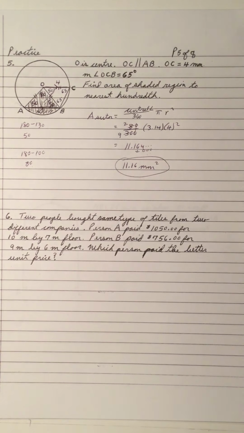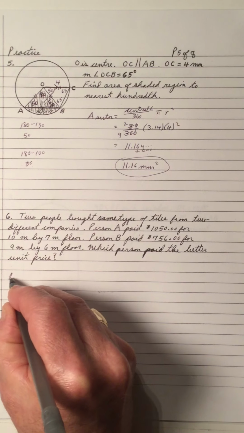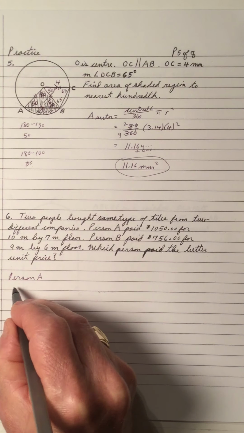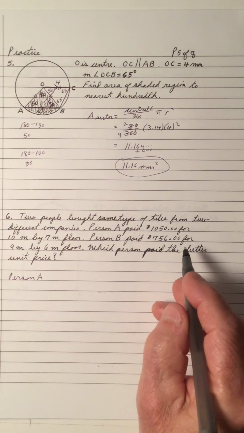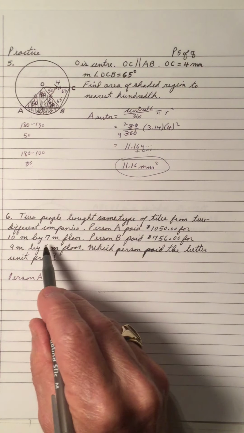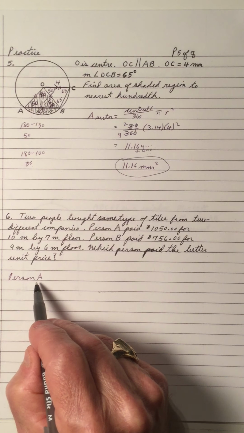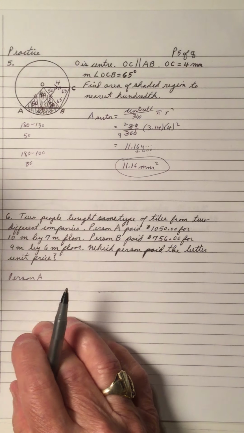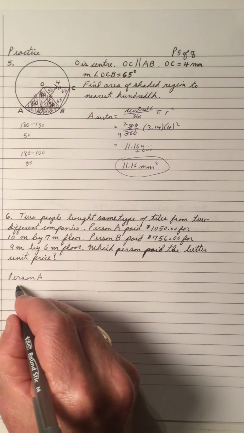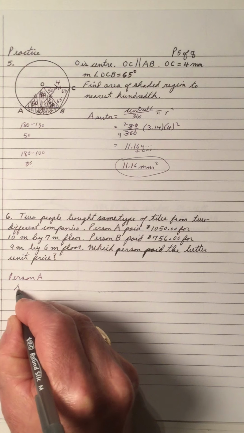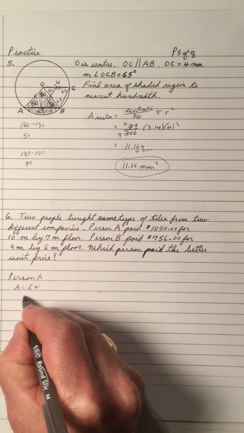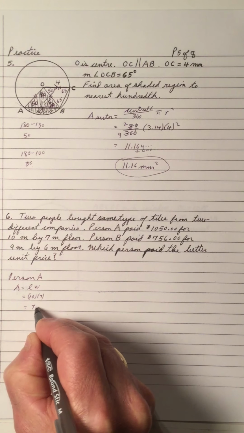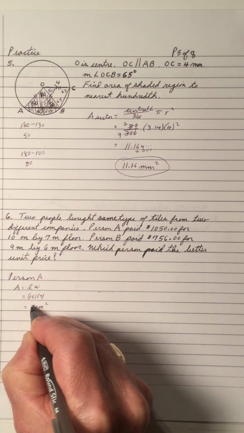Well, to get that, let's look at person A first. We need the area of the floor, since we're talking about the price in square meters. Person A, the area is length times width, so it's 10 times 7, so that's 70 square meters.